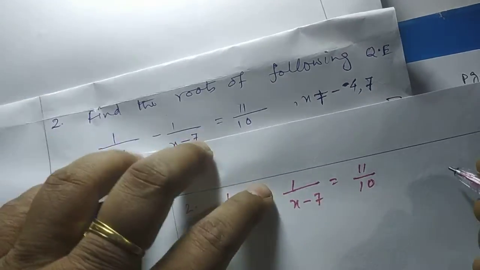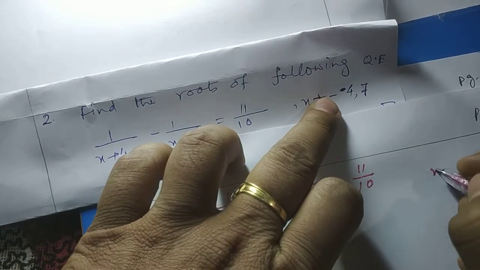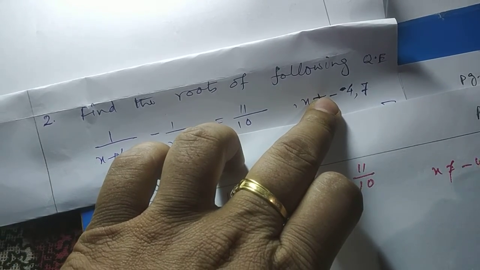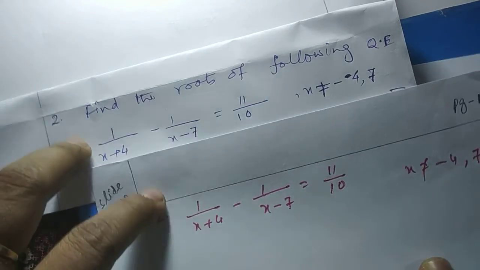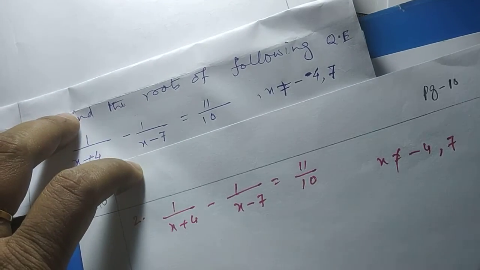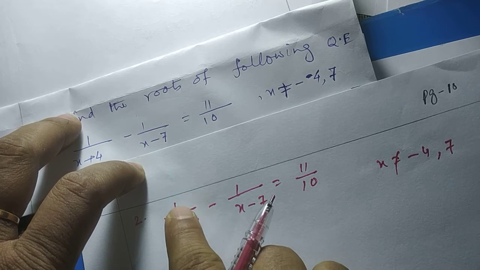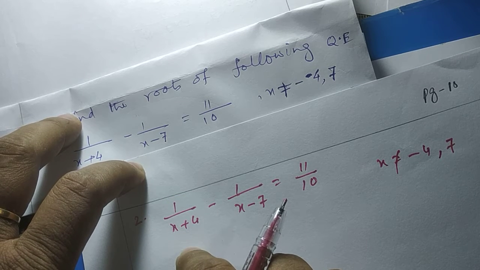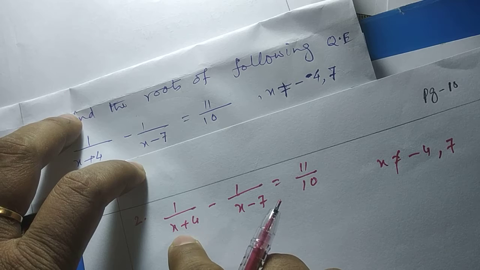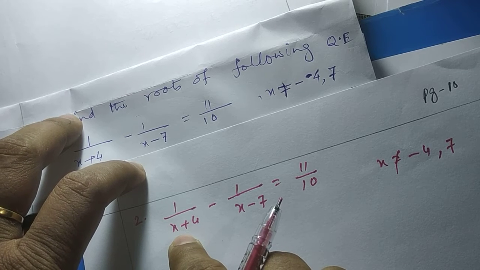Here one more thing is mentioned on the right hand side: x not equal to minus 4 and 7. Why is it given? That is my question. Because here, if I put x equal to minus 4, then it becomes 1 by 0, and 1 by 0 means undefined. That's why x is not equal to minus 4.